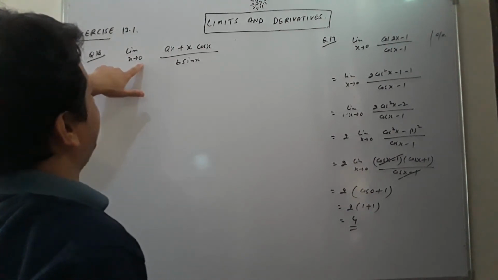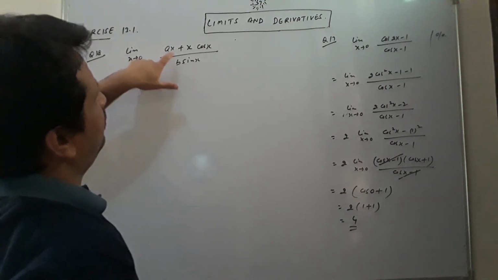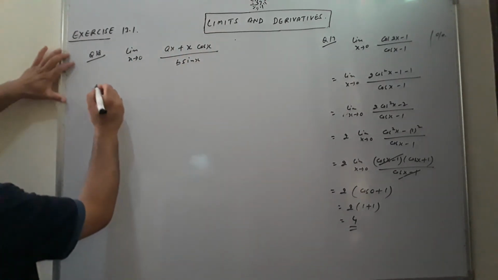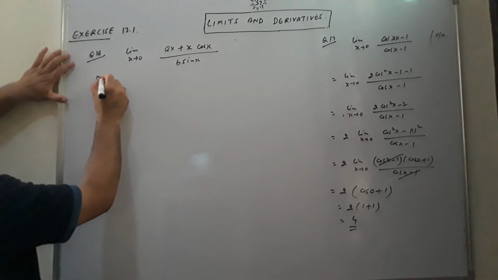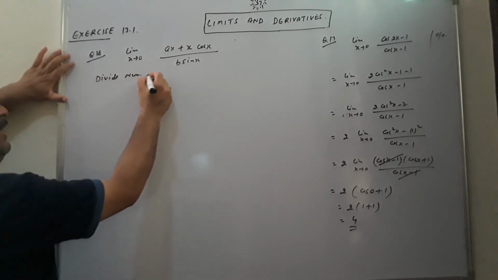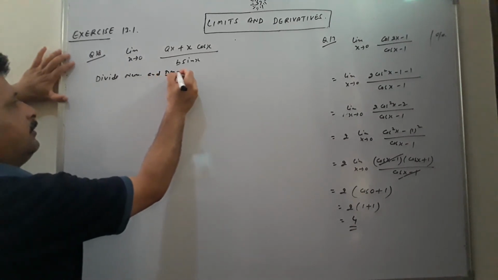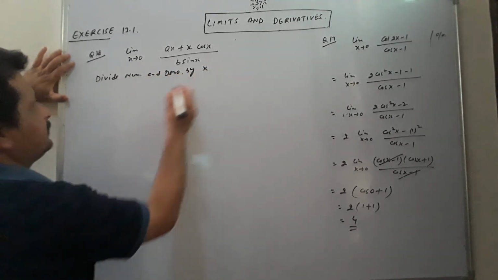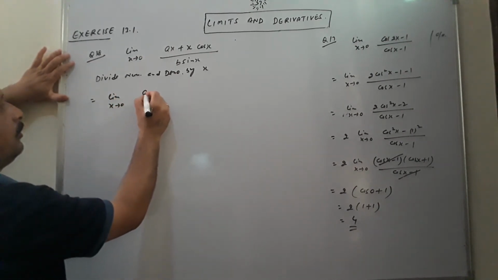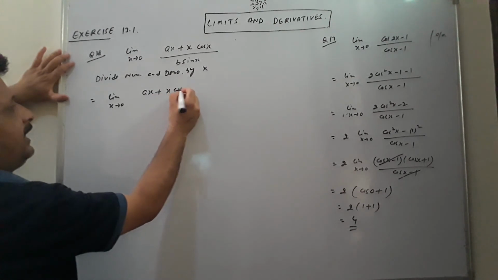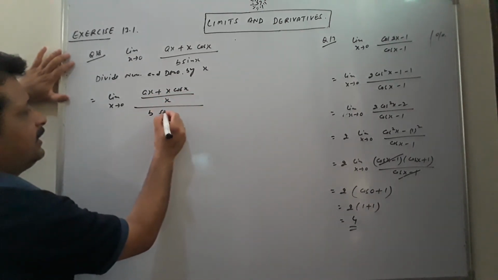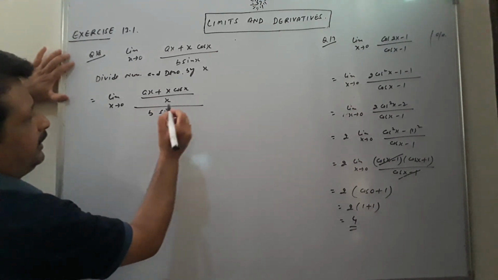Because again if I put x as 0 here, it will make a 0 by 0 form. So I have to make a change. What change am I making? Divide the numerator and denominator by x. This will come as limit x tends to 0, ax plus x cos x by x upon b, that is sin x upon x.